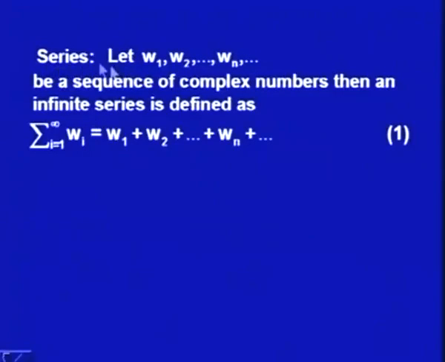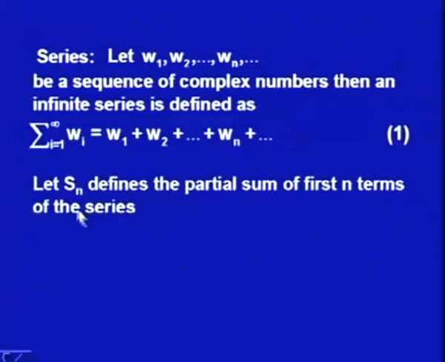Further, we define series. Let w1, w2, wn be a sequence of complex numbers, then an infinite series is defined as the summation i equals 1 to infinity of wi, which is w1 plus w2 plus wn and so on. So this is a series. Let Sn define the partial sum of the first n terms of the series.